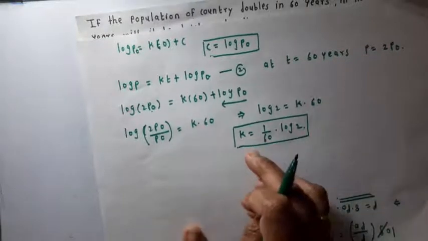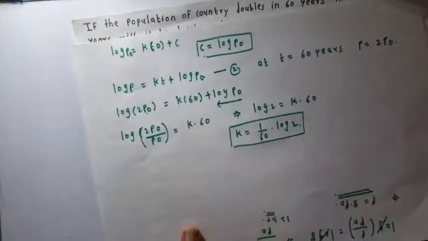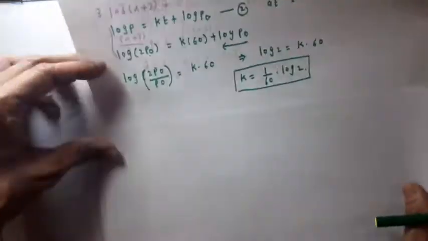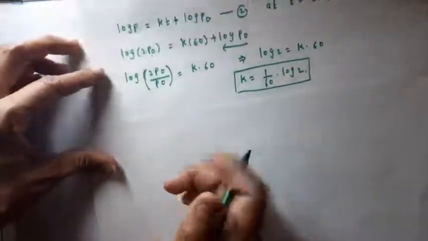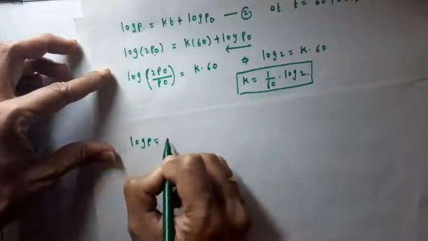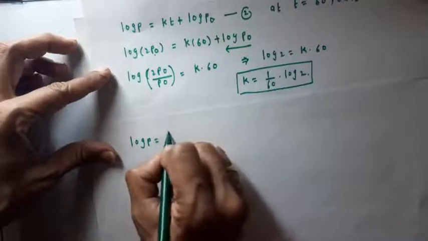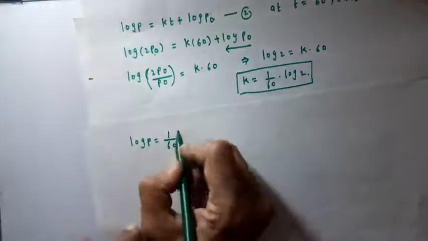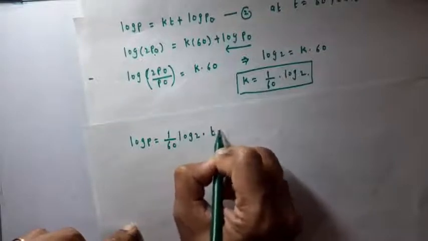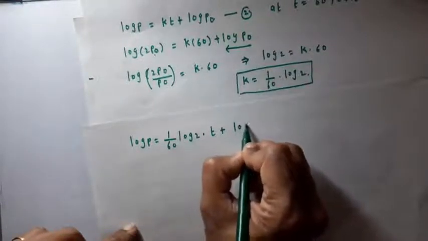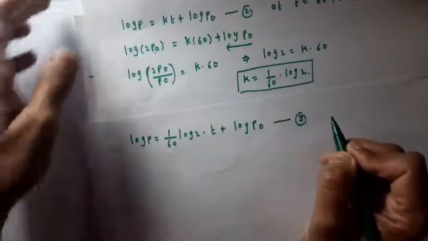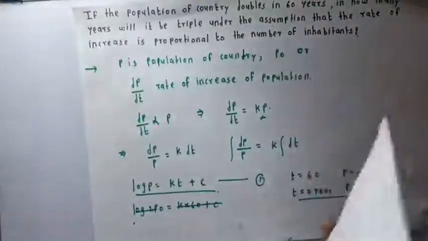Again put the value of K in equation 2. We get log of P equal to 1 by 60 into log of 2 into t plus log of P0. This is equation 3. And at last, what is the question they ask?